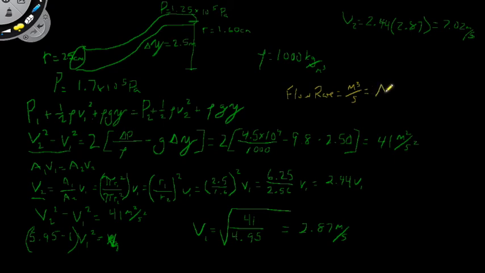So I can either do it for A1 V1, or I can even do it for A2 V2. Either way, I can solve for my flow rate. So solving for my flow rate, once again make sure you switch over your radiuses to meters, otherwise it'll mess everything up.